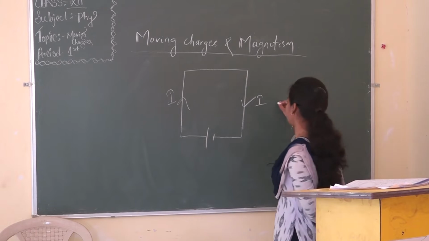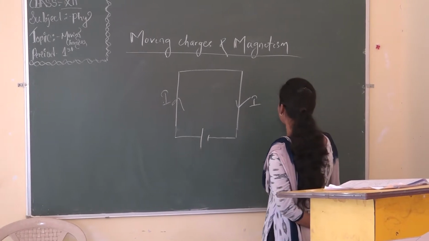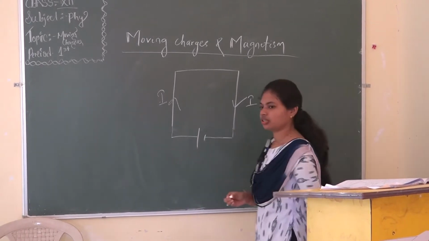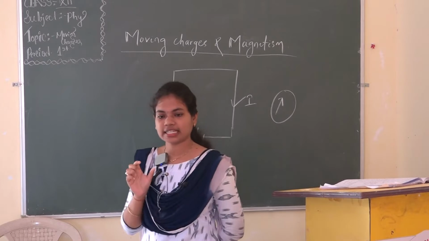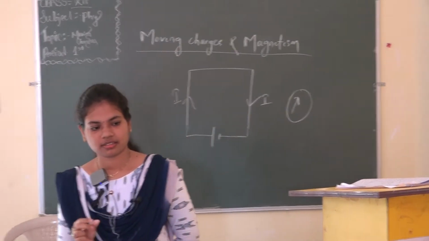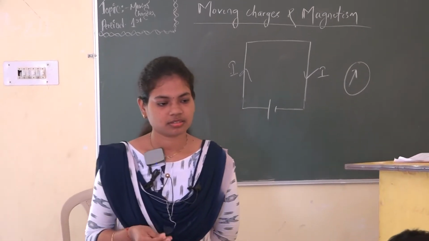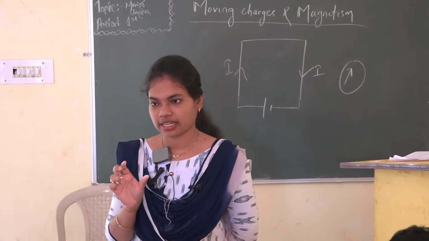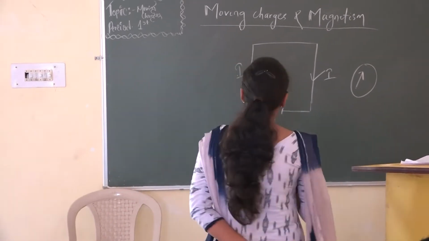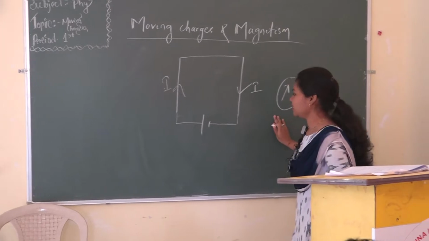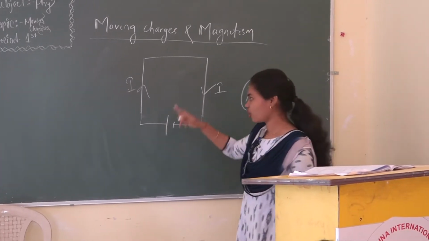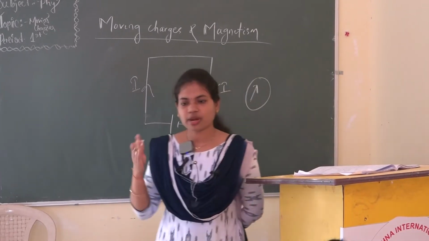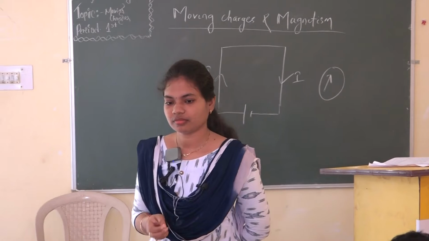Suppose we placed here a magnetic needle. What do you mean by magnetic needle? It will show whether a magnetic field is present or not. It is a magnet, a magnetic needle. Suppose we have placed a magnetic needle near a current carrying wire. Then what happens? Deflected.